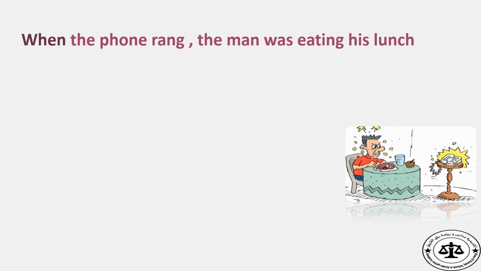The second sentence is in the past continuous, whereas the short action, the phone rang, is in simple past, and the man was eating his lunch is the long action.